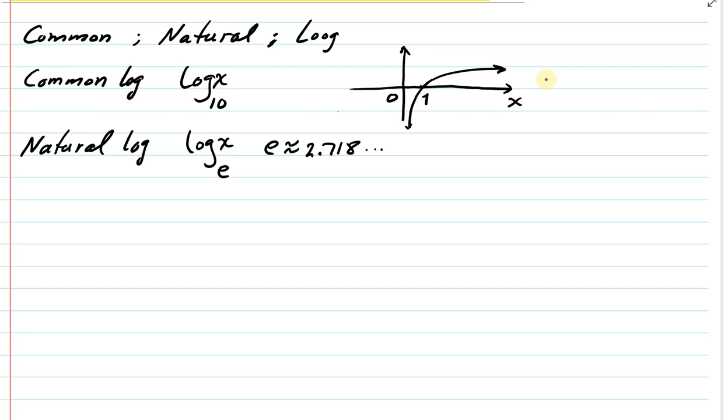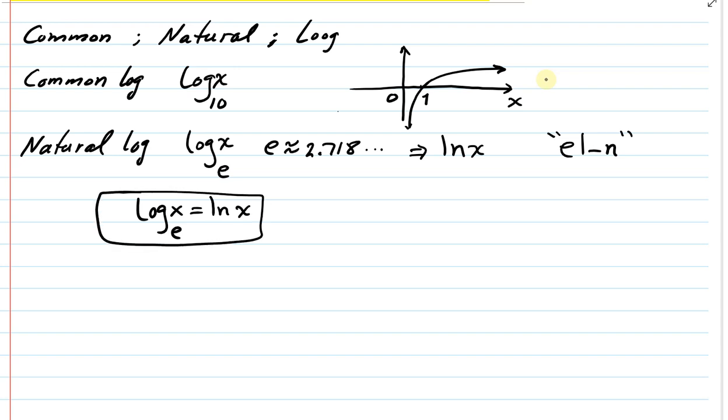Now the natural log is often written as ln. In fact, that's how we even read it. ln of x is how this is read. That's what the natural log is. So this is a log base e. If we have a log base e of x, we're simply going to write it as ln of x, natural log of x, just a shorthand for that.